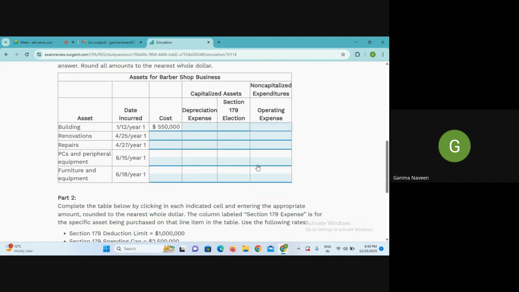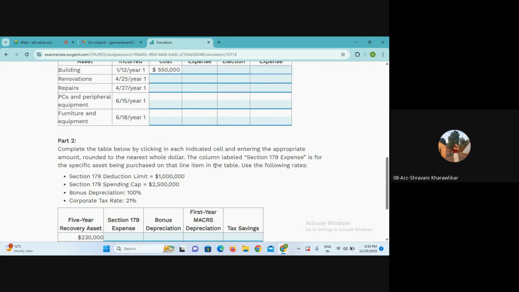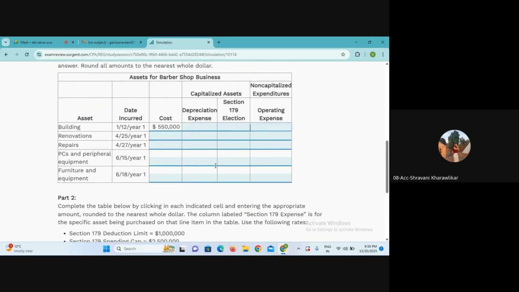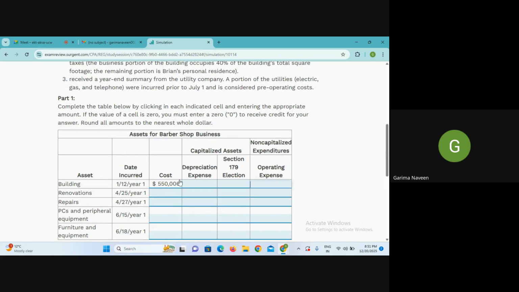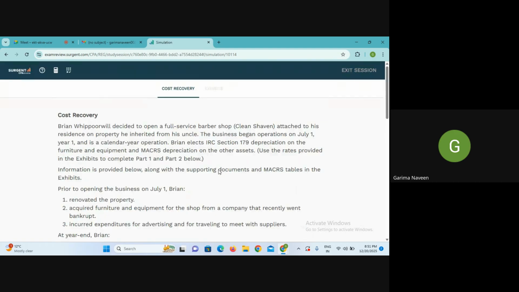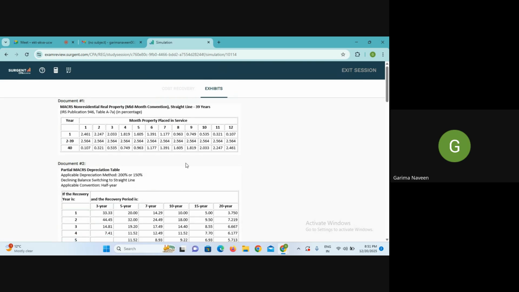Yes, 179 election is for year one only. So, ma'am, for depreciation expenses, is there any percentage given? No. Basically, for depreciation, for tax purposes, you should use MACRS depreciation. So MACRS tables are given here.